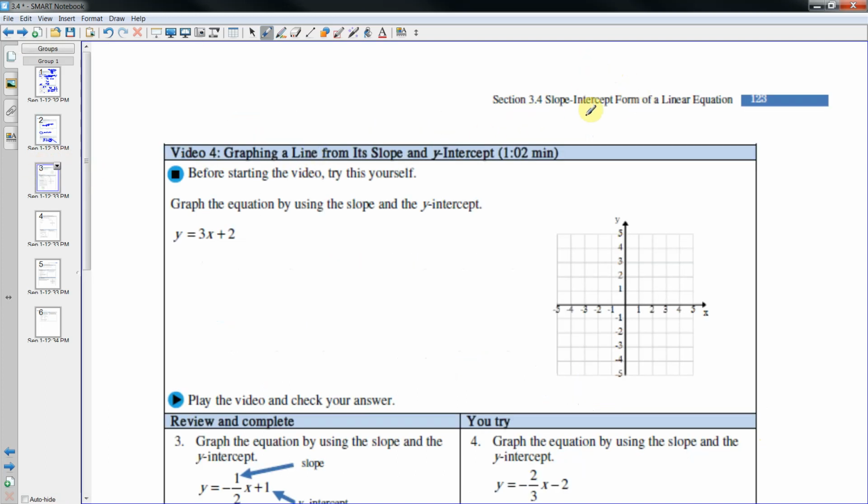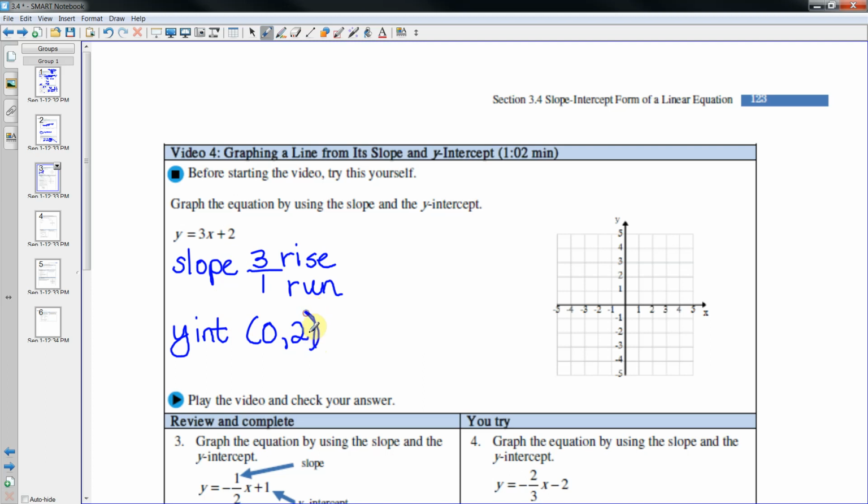Okay, here we've got y equals 3x plus 2. So my slope is 3, and I'm going to make it 3/1, because remember I need to count rise over run. My y-intercept is the 2, so that's 0, 2.